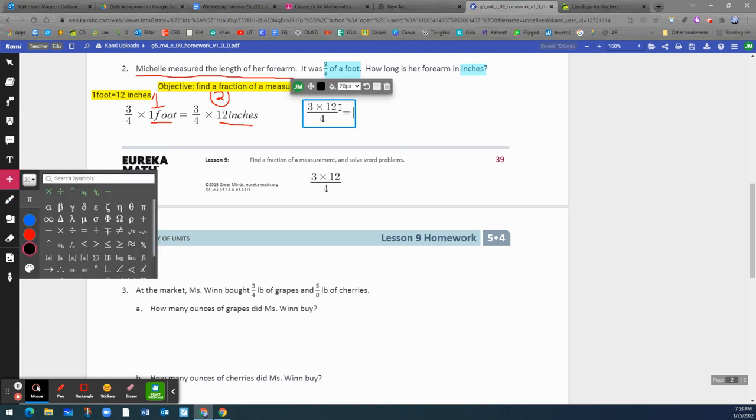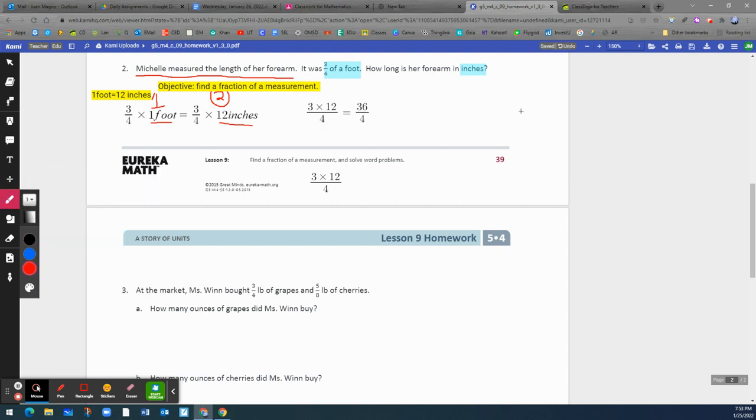3 times 12 equals 36. And the denominator is 4, so this is a division. This division you will probably find by multiplying. 4 times 8 equals 32.